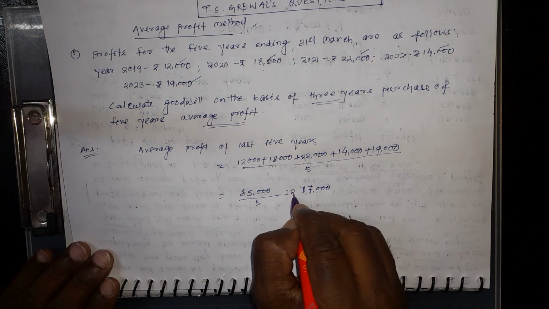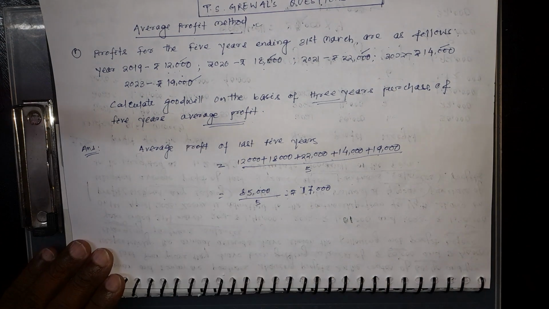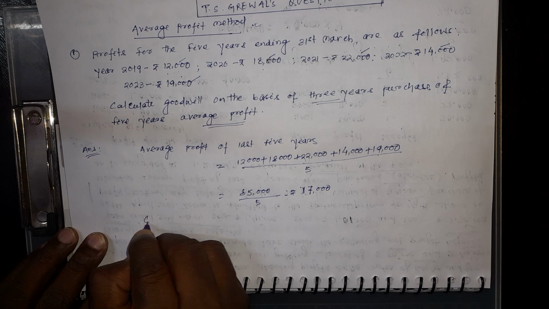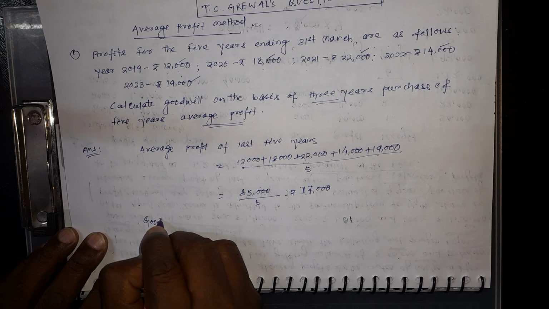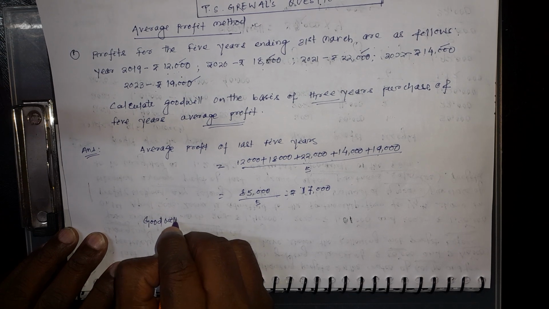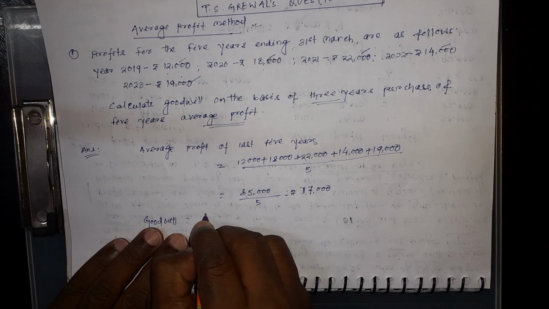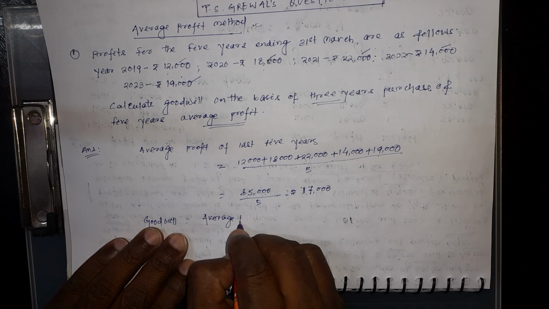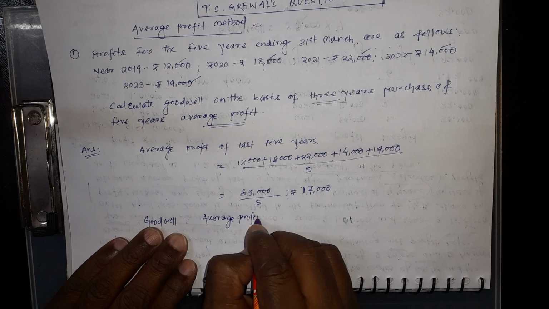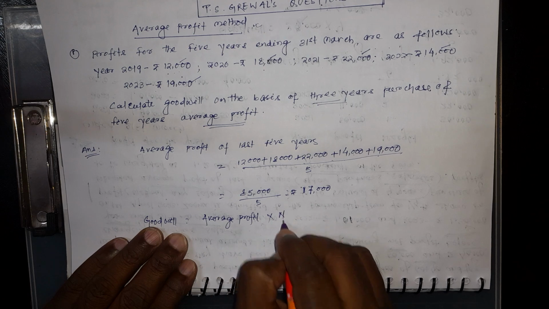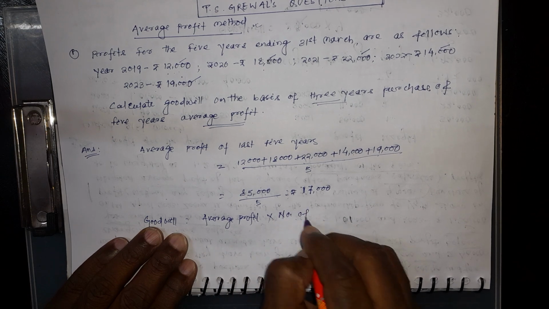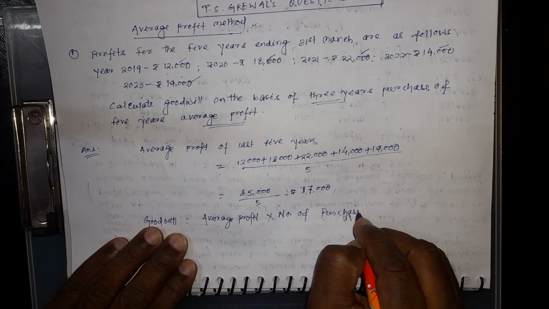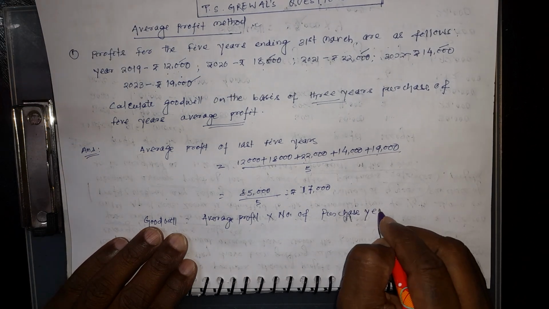Clear? And what condition is given? Calculate goodwill on the basis of 3 years purchase. So we write goodwill equals average profit into number of purchase years.